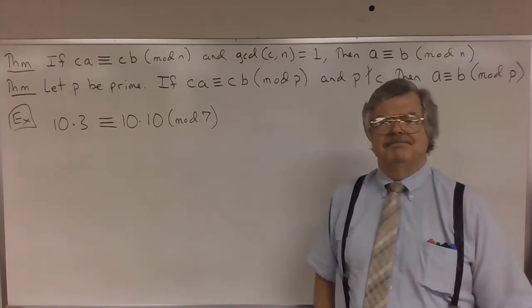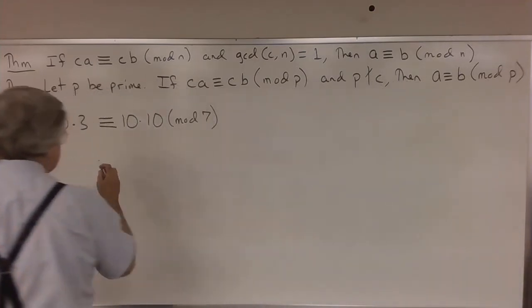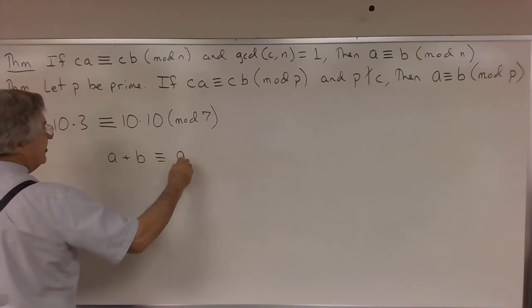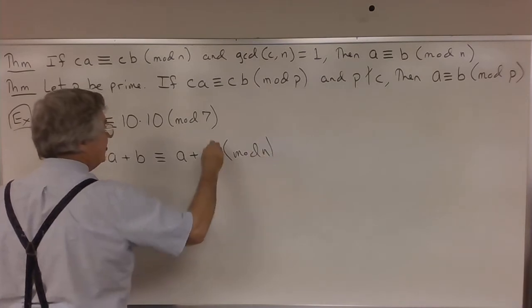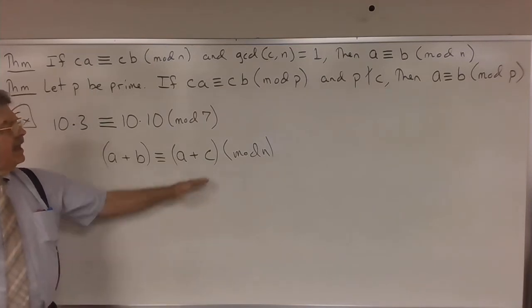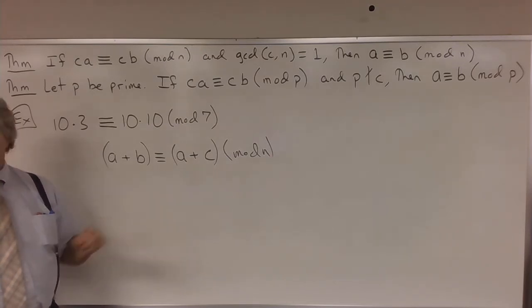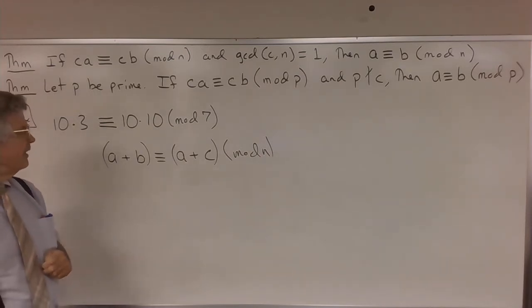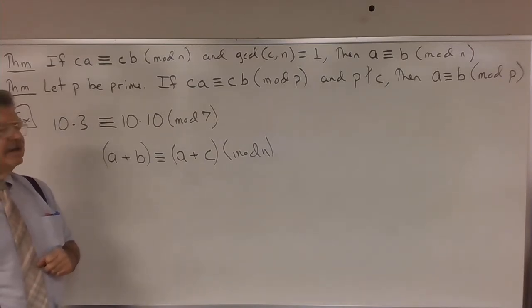If we have, just for example, A plus B congruent to A plus C mod n, is it necessarily true that B is congruent to C modulo n? Well, let's see.